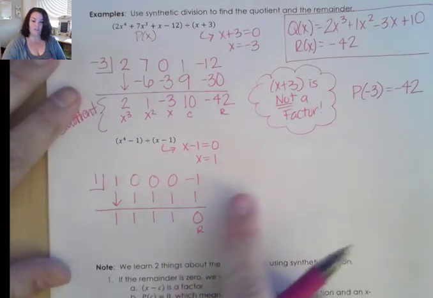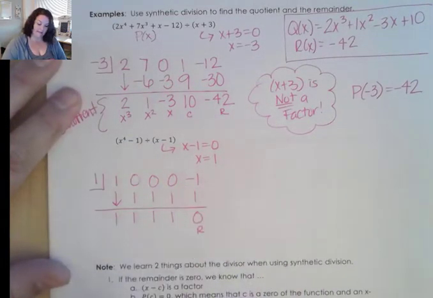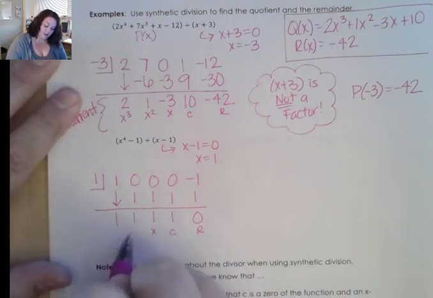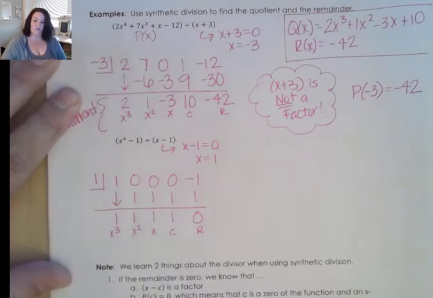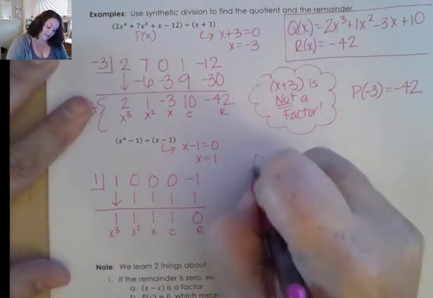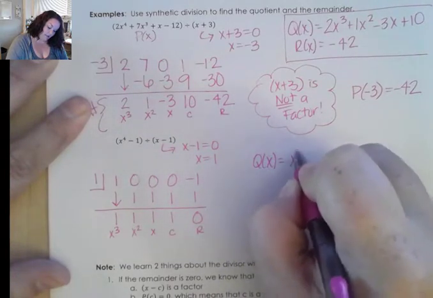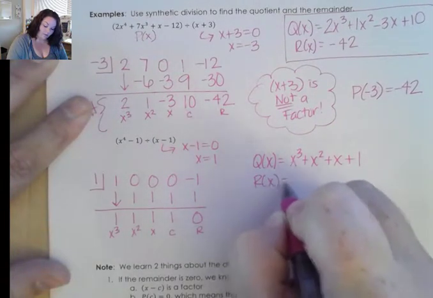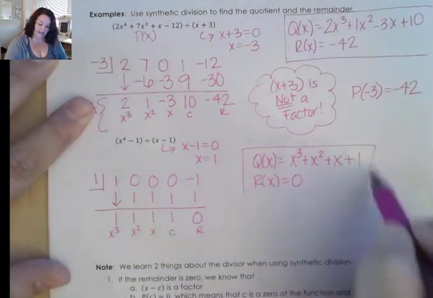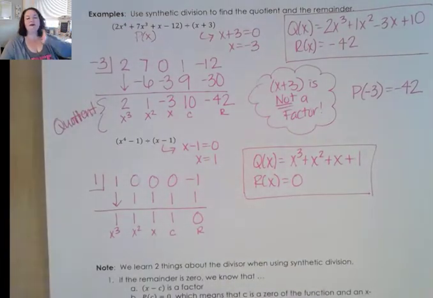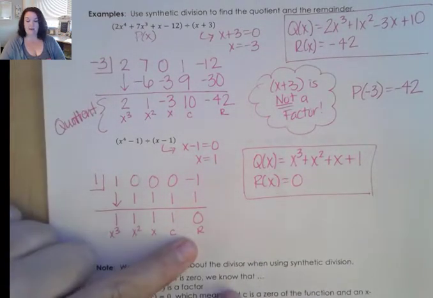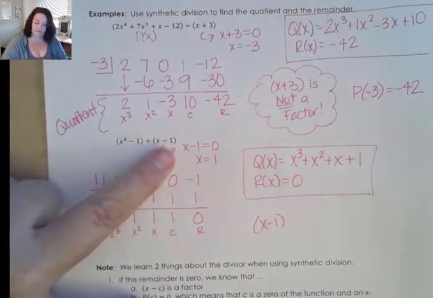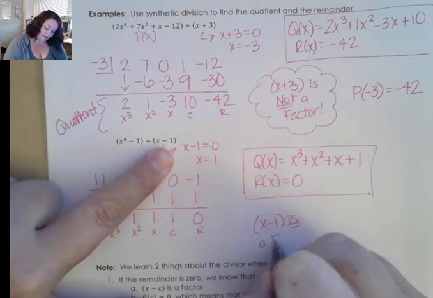So let's go ahead and write what our quotient and our remainder are, and then we'll write that stuff out. So our remainder is 0, our constant term is 1, our x is 1, our x squared is 1, and our x cubed is a 1. So that means that our quotient here is x cubed plus x squared plus x plus 1, and our remainder is 0. So that's what it actually asked us to find, but because we know that the remainder is a 0, we can actually say that x minus 1, our original divisor here, is a factor.